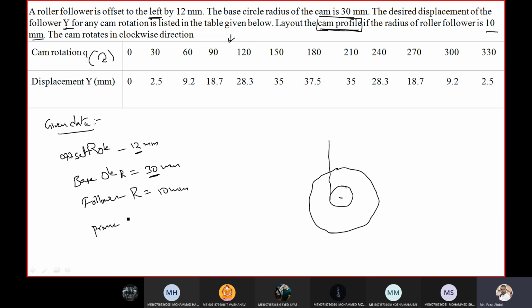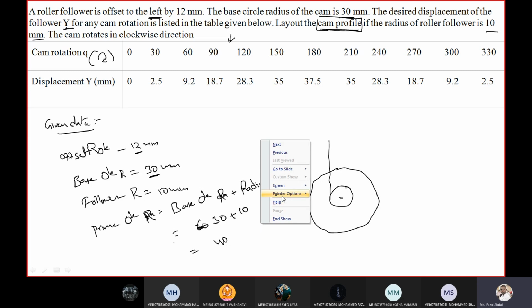The prime circle radius is the base circle radius plus the radius of the roller. The base circle radius is 30, plus 10. The total is 40 mm, the prime circle radius.